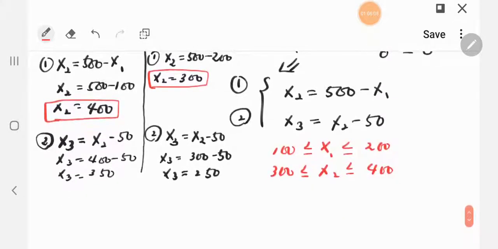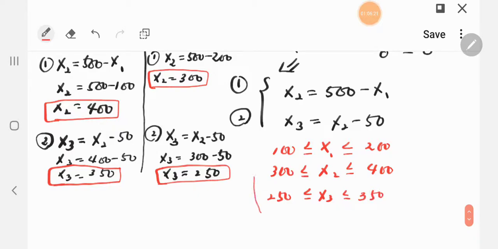And for x3, it is between 250 to 350. So this will be the solution. The number of cars from intersection A to C is given, which is 100 to 200. Then x2 will be between 300 to 400, and then x3 will be 250 to 350.